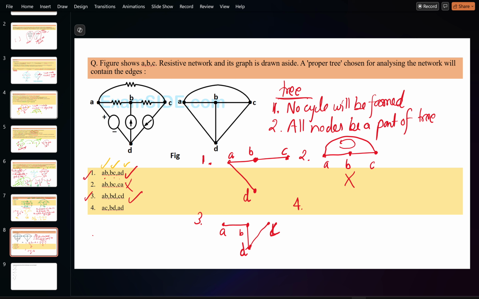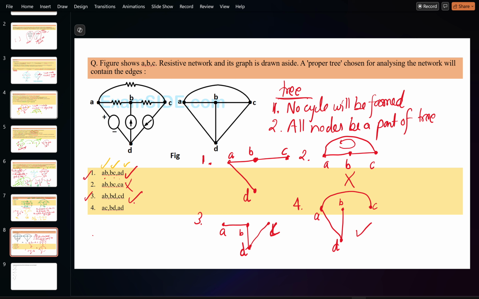Let's see option 4. Option 4 is AC, which is like this, and BD, which is like this, meaning A, B, C and D, and AD, which is like this. If you can see, this is also not a closed path, and all nodes are part of that subgraph.